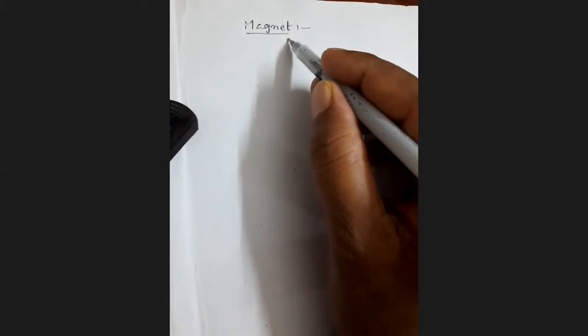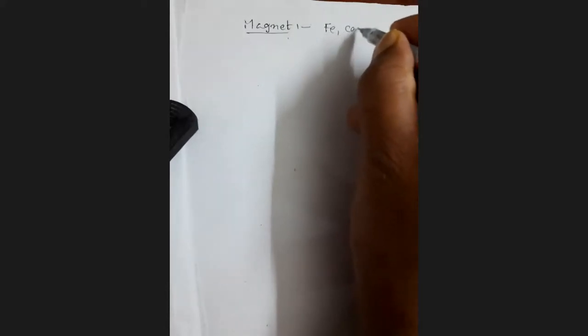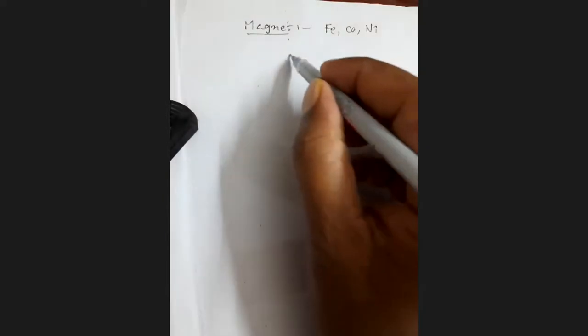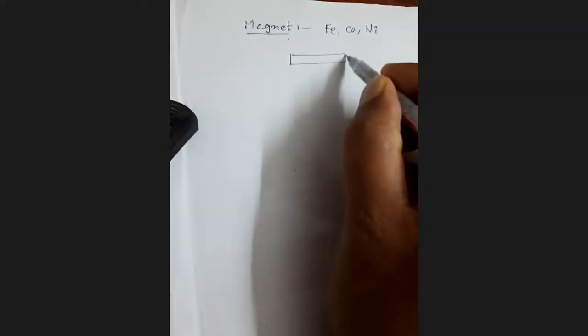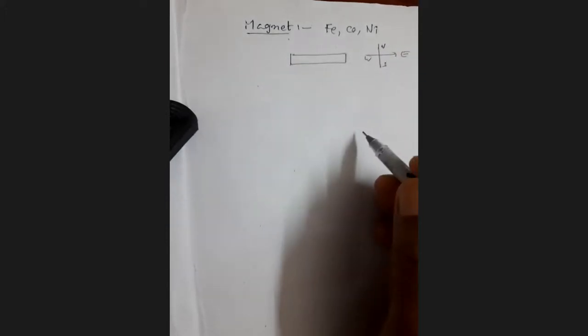Let me repeat all these basic concepts here in this lecture. A magnet is a magnetic material which can attract substances like iron, cobalt, nickel, and that points in the geographical north and south direction when it is suspended freely.